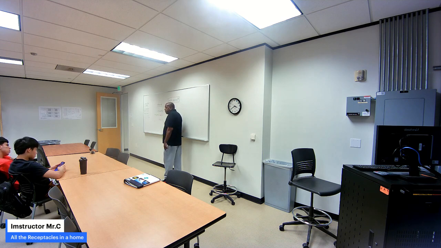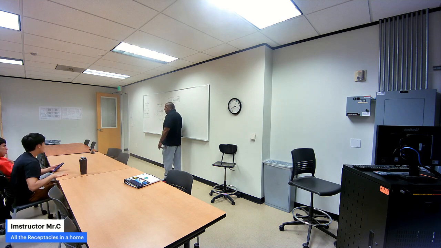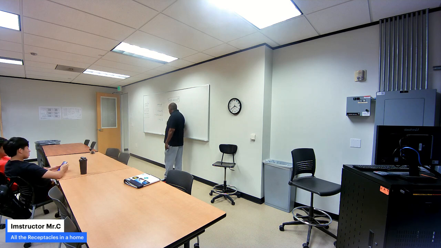Upstairs and downstairs. Go upstairs, there's a switch, come downstairs. Where would you see a four-way? You might see a four-way in the living room, next to it in the garage, right?